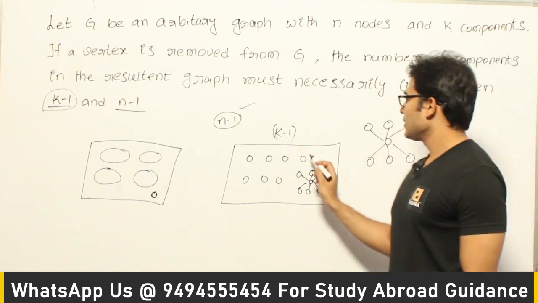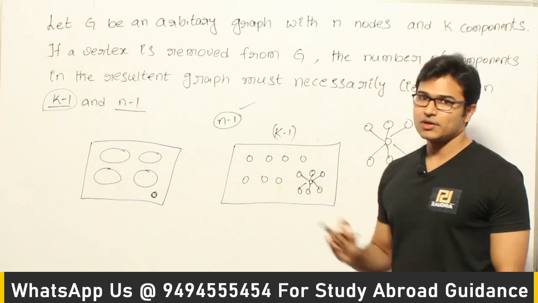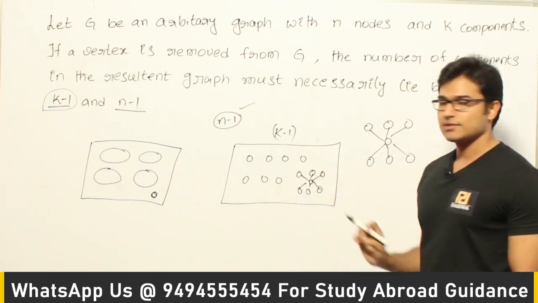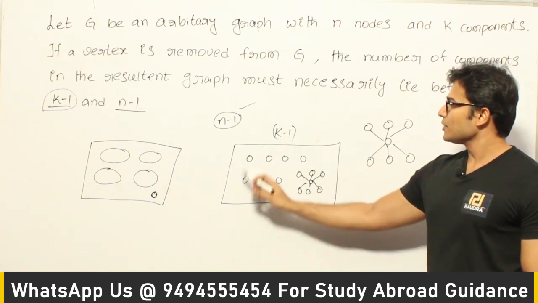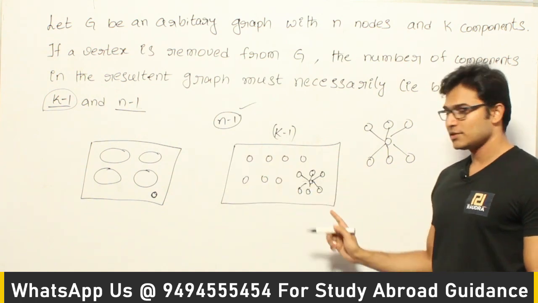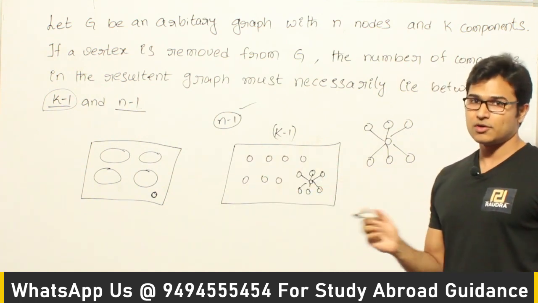So k minus 1 vertices are isolated and there is one component like this. Now how many components are there totally? k minus 1 plus 1, k components, and assume that the total number of vertices is n.